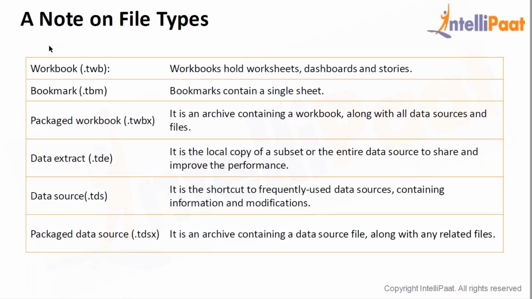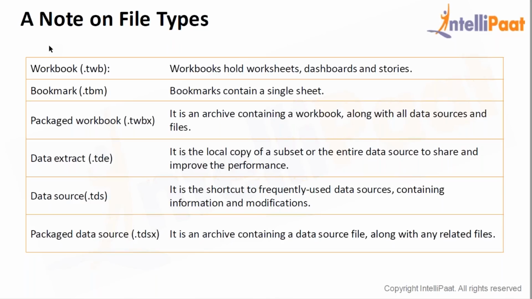So what is the use of this file type? This file type, .twb or Tableau workbook, can be shared only with those people who have access to the data source, because as it does not contain any data, the people whom you share this workbook with should have access to the data source.